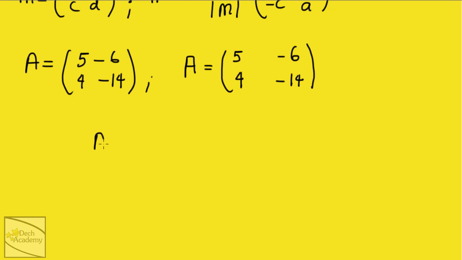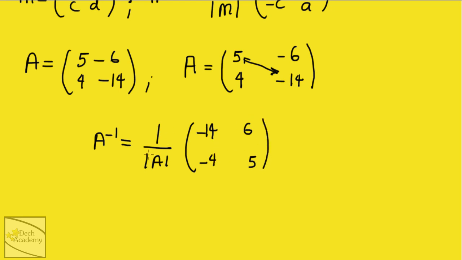So what's the inverse of A? Well, the inverse of A is equal to 1 over the determinant of A times, so you swap the positions of those two, so minus 14 and 5, and then you multiply this element by minus 1, so that gives 6, and multiply this element by minus 1, and that gives minus 4. What's the determinant of A?